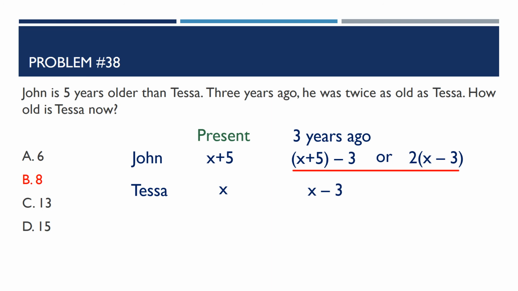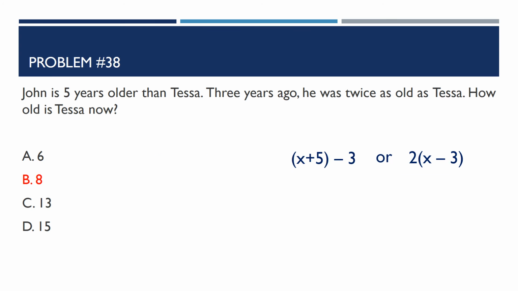Now, using these two mathematical statements, since they are the same, we can use this to solve the problem. So we remove unnecessary statements and we just leave these two mathematical statements which are equal. Since they are equal, we will replace it with an equal sign. Then let's solve for x. Remember, x is Tessa's age at present.